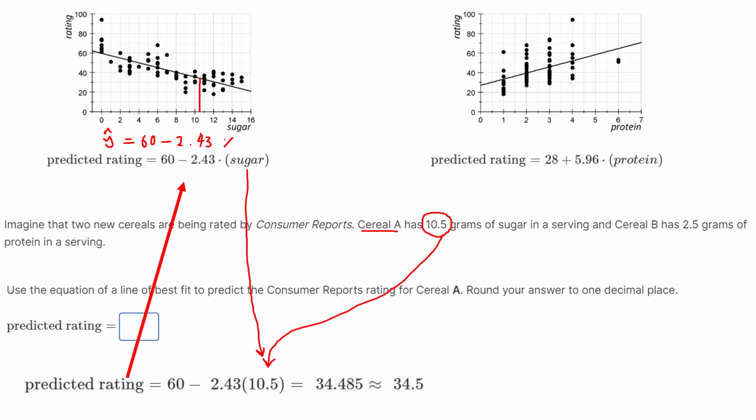So the amount of sugar here is given to us as 10.5. We just do the multiplication and then 60 minus that number, which is about 34.5.